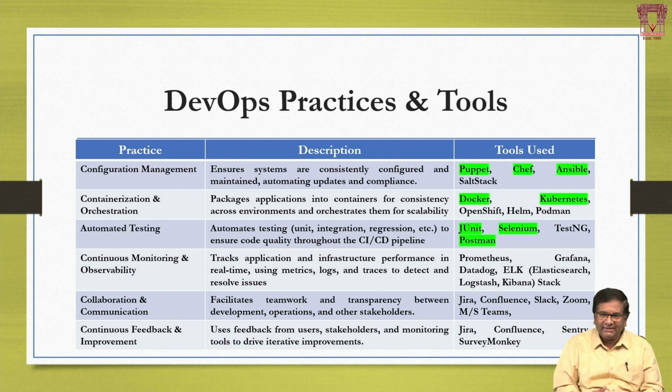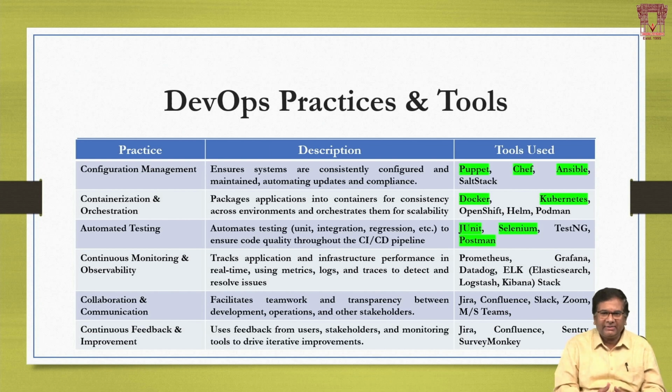Docker is a software which comes under the category of containers, which I will discuss as a separate series, where it packages applications into boxes. A container is nothing but a box, right? For consistency across different environments, and orchestrate them for scalability. Orchestrate basically means managing. For that, I'm going to talk about Docker and Kubernetes, which will be another set of series.